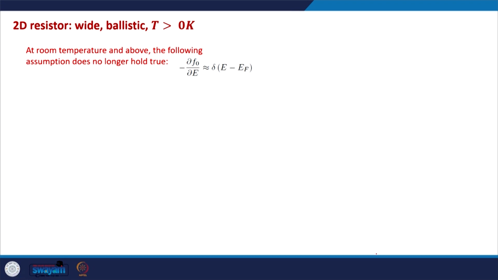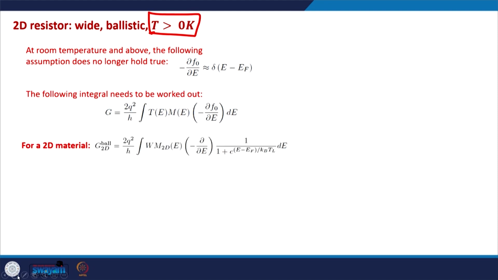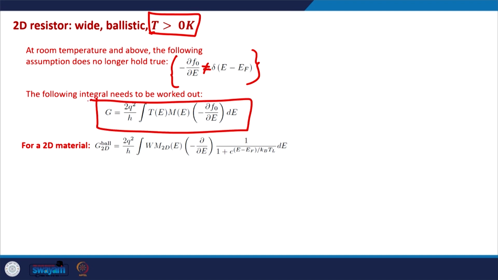In the last class we were discussing the resistance of a wide ballistic conductor at room temperature, or higher than 0 temperature. In this case, as I mentioned, the Fermi window can no longer be approximated by a delta function, and so we again need to start from the expression of the conductance.